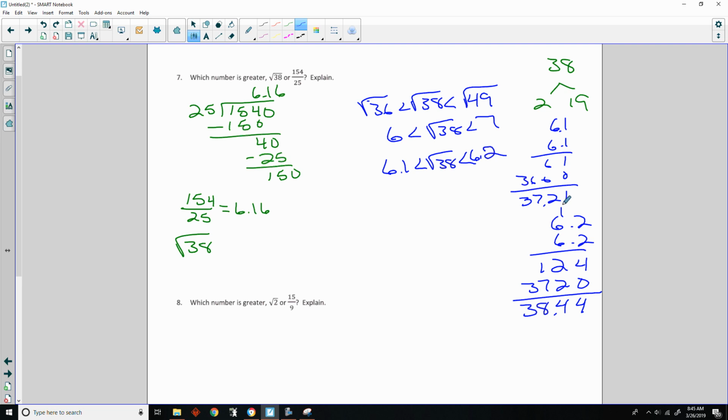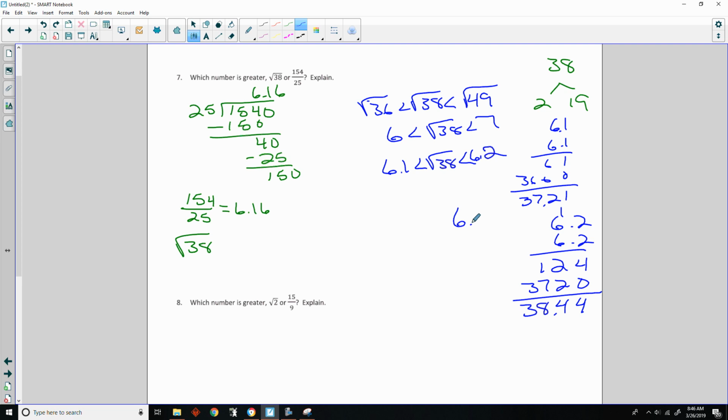38.44 and 37.21, what's it closer to? 37.21 is 79/100ths away from 38, and this is 44, so it's closer to 6.2, so I'm going to try something above 5. It's going to be a little bit more than 5, so do I try 6 or maybe 7? I'll try 6.7 first.